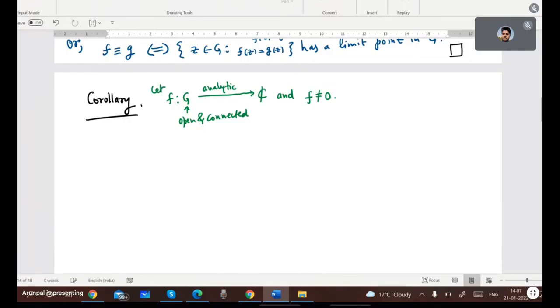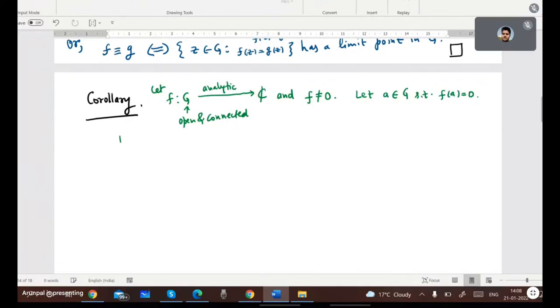Not identically equal to 0 means, class, that f can't be 0 on the whole of set G. There may be 1 or 2 points where f is 0. That's a different thing. But it cannot vanish on the whole set G. So class, let a be some point in G such that the value of f at a is 0. Suppose there is a point where the value of f at a is 0.